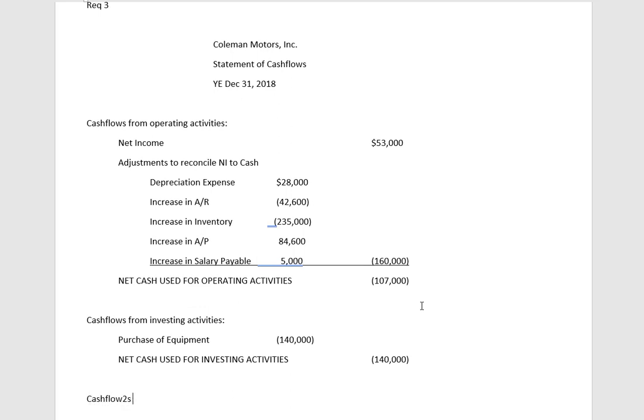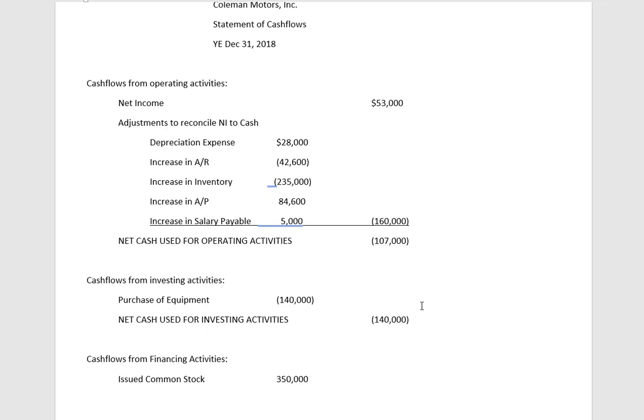Finally, we have cash flows from financing activities. And in this case, we issued common stock. So 350,000 came in. We paid a dividend.